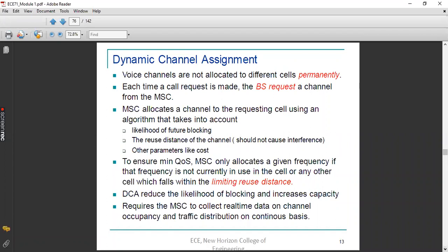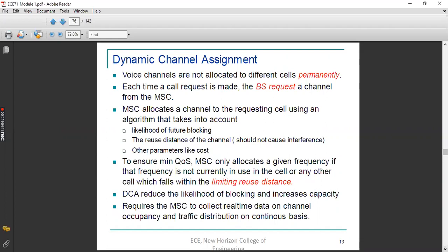The MSC will allocate a new set of channels to this cell only if the co-channel cells are very far apart from the intended cell. Otherwise, interference will occur. To maintain minimum interference, the MSC should take care that the co-channel cells are far apart from each other.